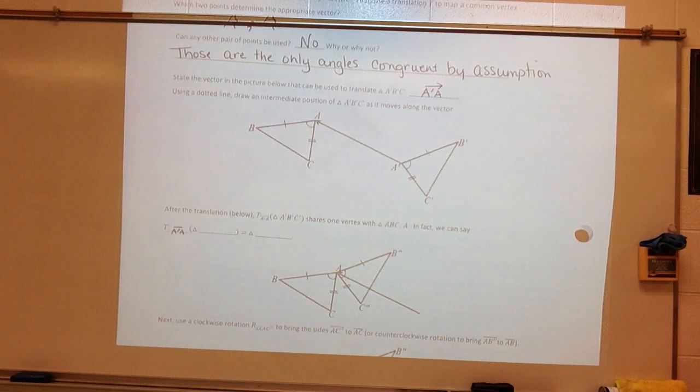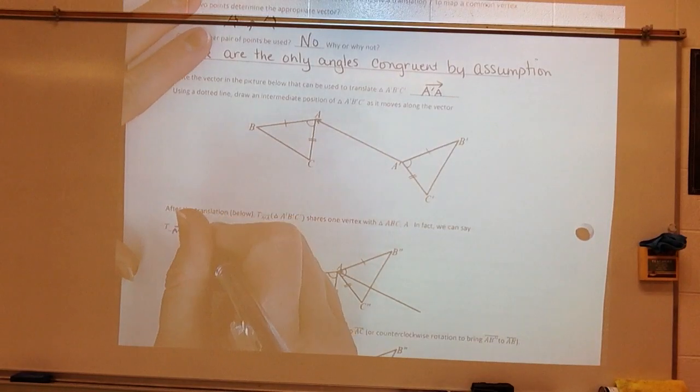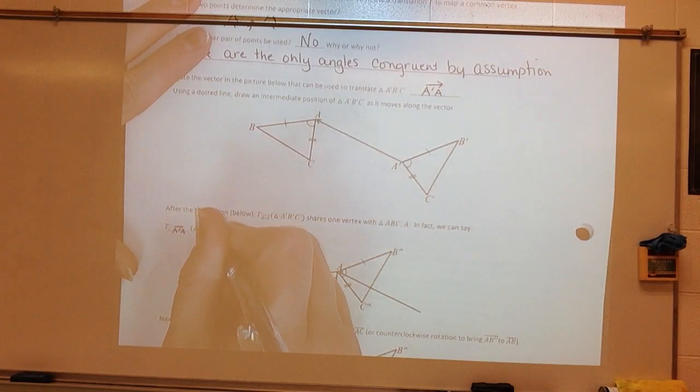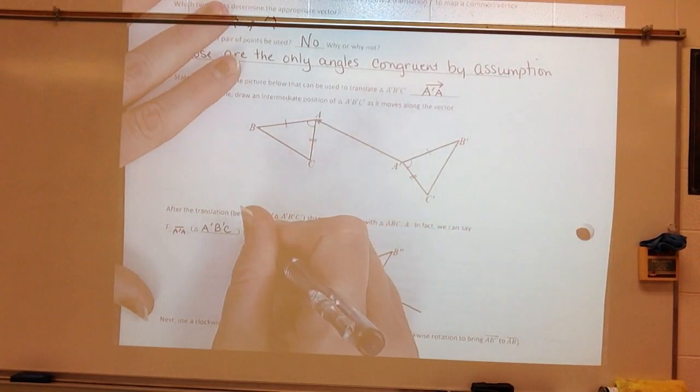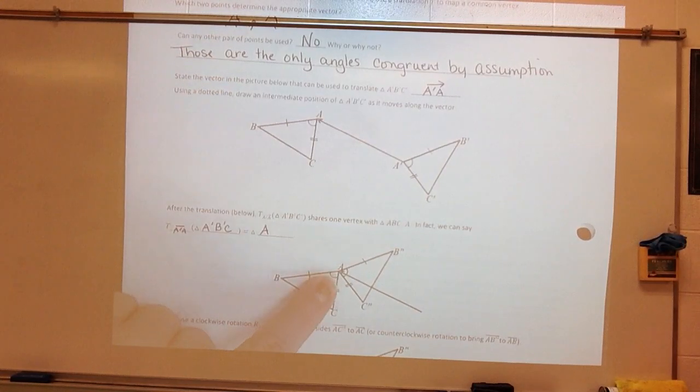So the translation of A prime A of triangle A prime B prime C prime, because that's the triangle I did, equals A, and I am going to equal that to A because I'm back to the original point.